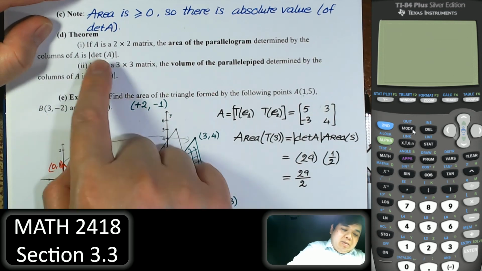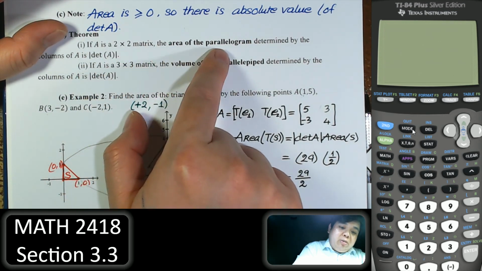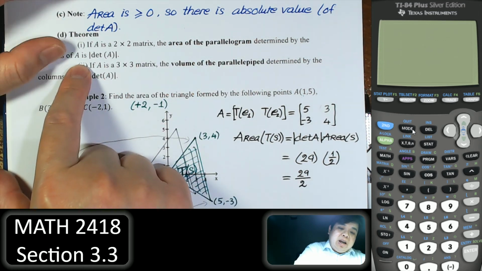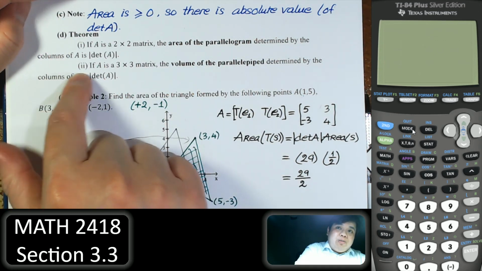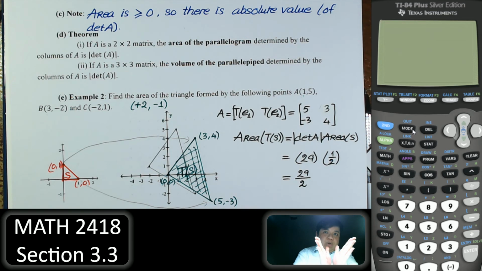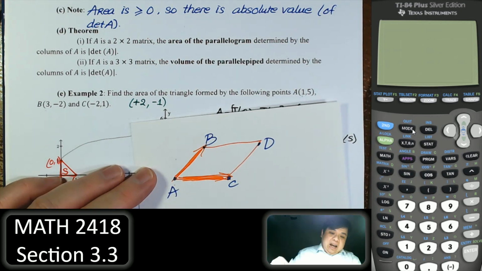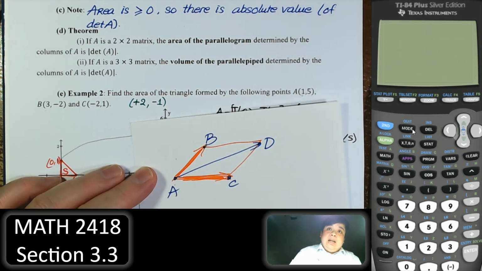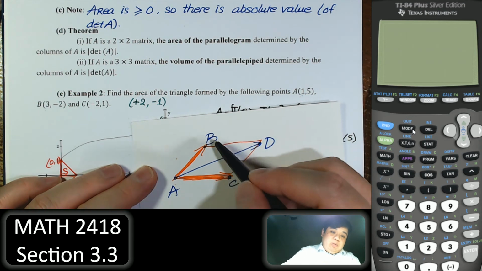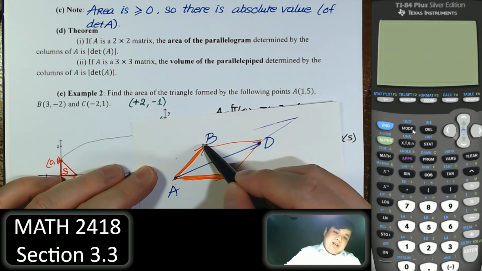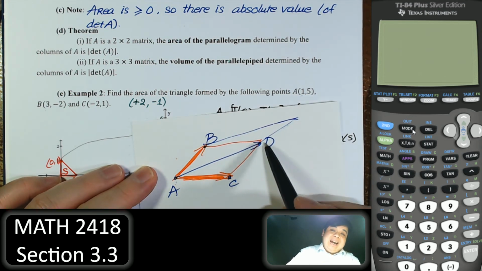Let's just say if A is a 2 by 2 matrix, the area of the parallelogram is determined by the columns of A, meaning that we need to know two vectors on the adjacent sides of the parallelogram, because in this case, if I have AD, that is not the parallelogram we want, that is a different parallelogram with AB and AD, right?